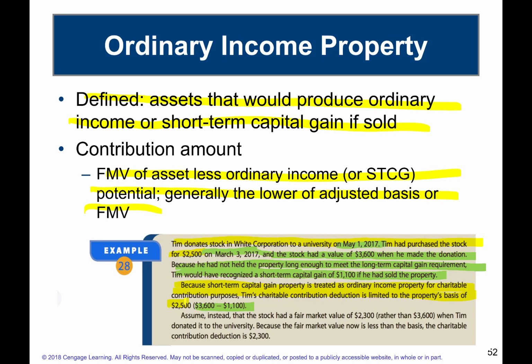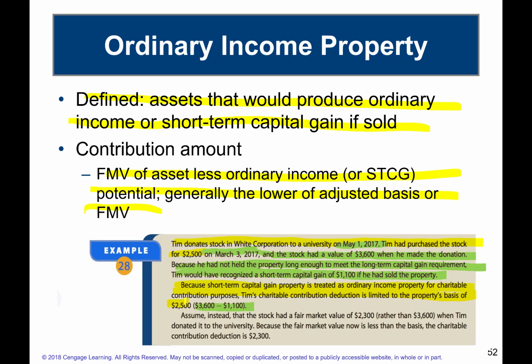Okay, so if it's a short-term item, an item that would produce ordinary income if sold, not one of our capital gain areas, remember we had the assets held for a year, the collectibles, all that from chapter 2. If it's not one of those capital gain items, then you're basically going to have to use your basis as a deduction. You cannot use the fair market value.